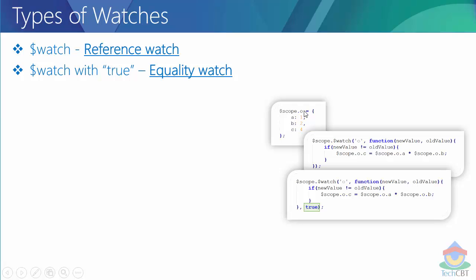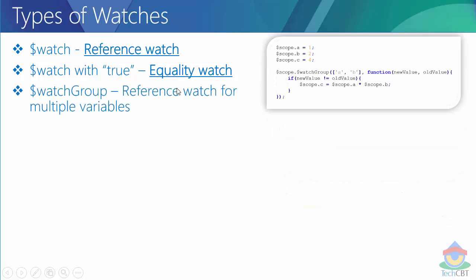If this object has another object inside, a nested object and so on, it goes through each and every property and each and every nested object inside whatever scope variable you have specified. And if there exists any change in any of those properties or in the entire hierarchy of O, this gets fired. That is called an equality watch.